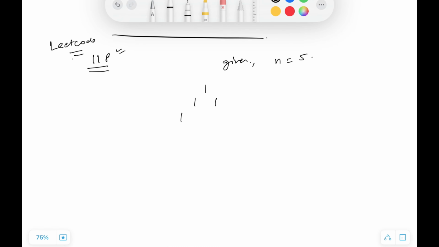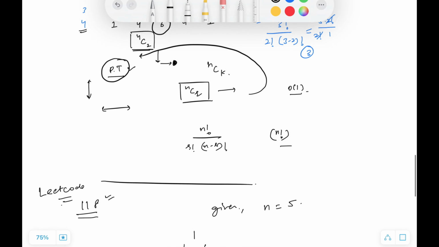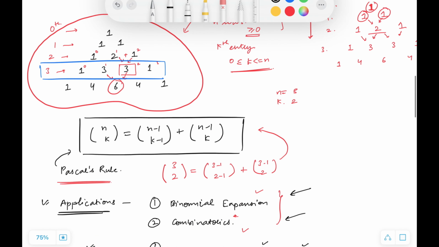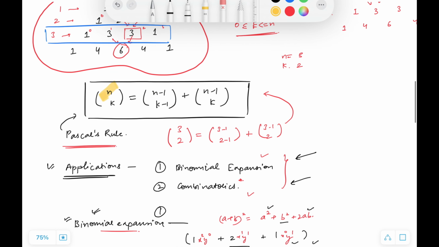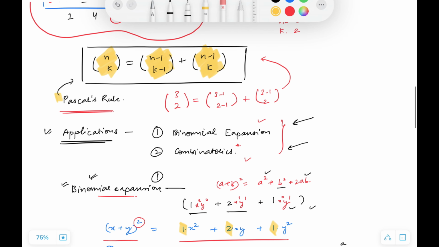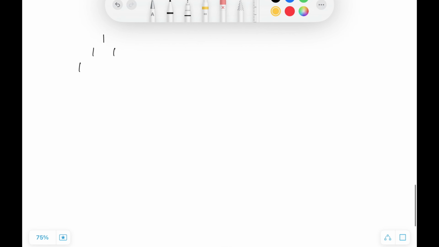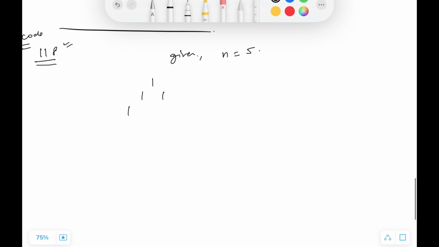The third row is something where we can apply the Pascal rule. The Pascal rule is this one: the kth entry in the nth row is equal to the k minus 1th entry in the n minus 1 row plus the kth entry in the n minus 1 row. So this formula is the Pascal rule. Applying it: 1 plus 1, 2, and 1.